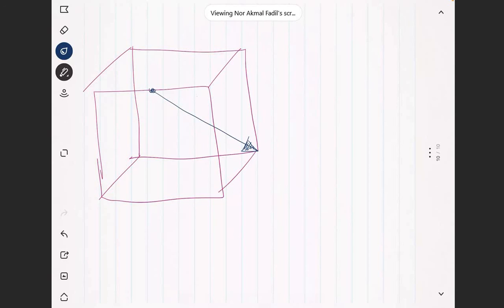-1, half, -1. All right, good. 2 bar, 1, 2 bar.